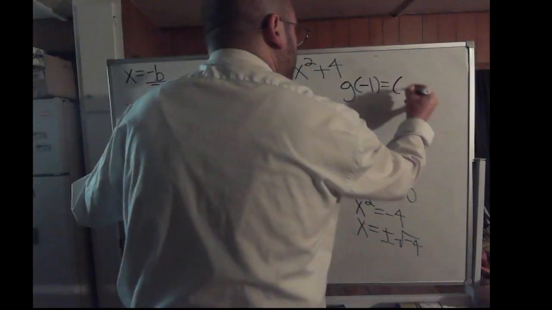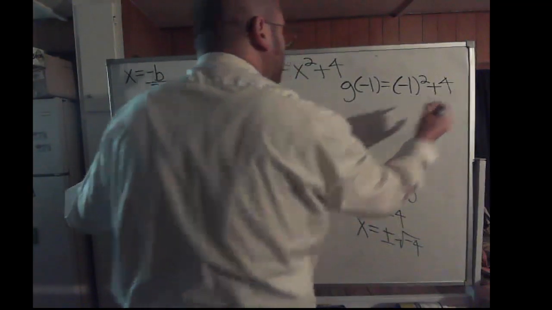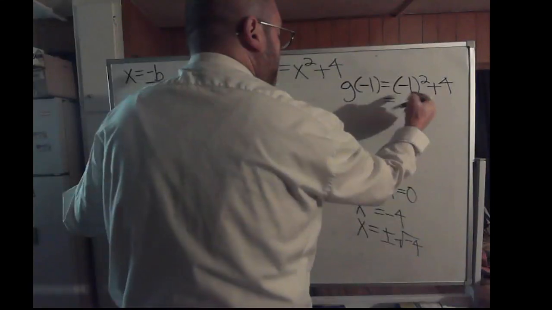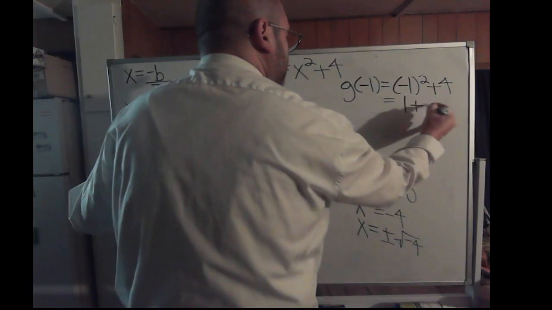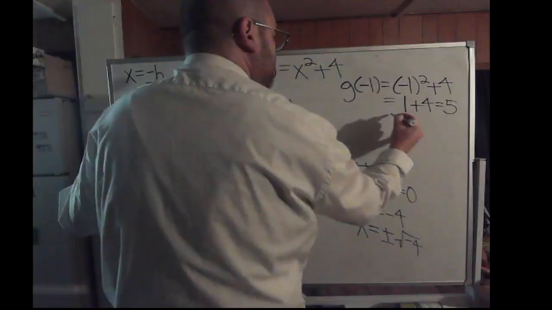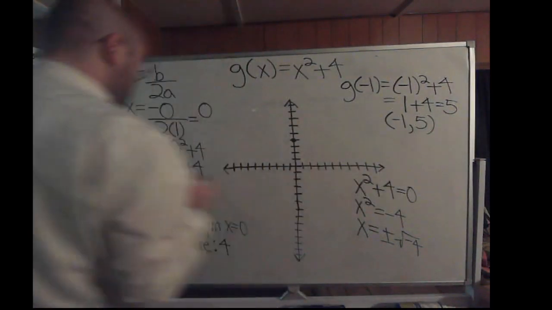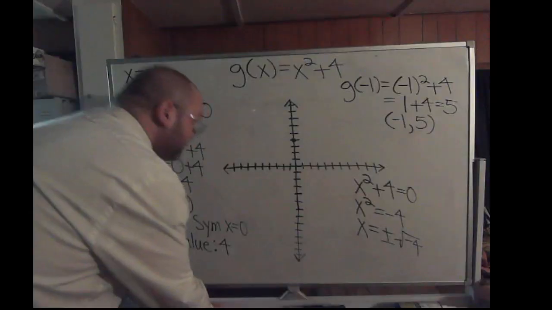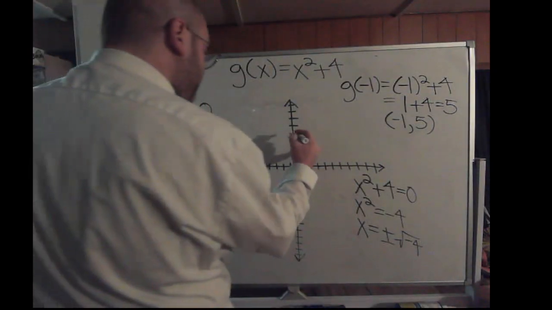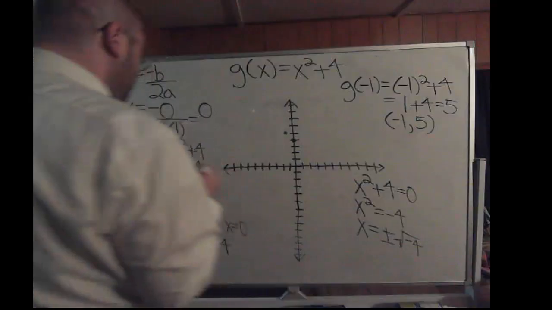That would mean you get negative 1 to the second power plus 4. Negative 1 to the second power is 1, plus 4, which would equal 5. So you get the point negative 1, 5. So negative 1, 5 lies on the graph here. We can plot that.